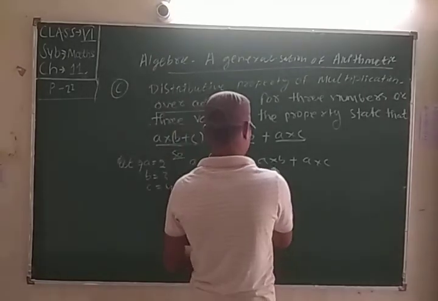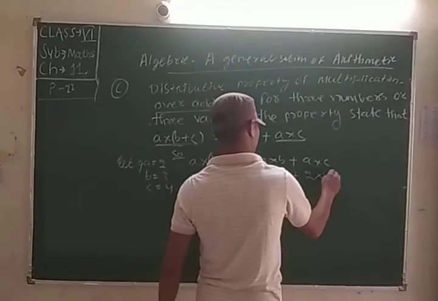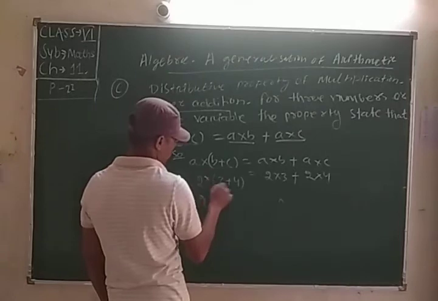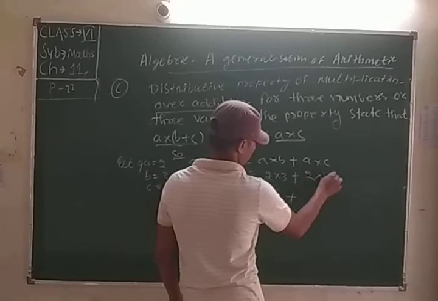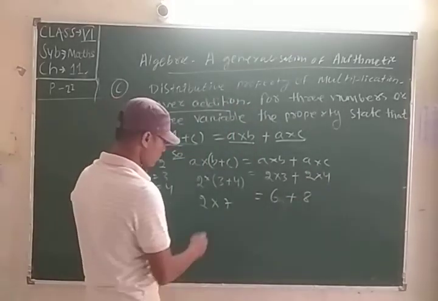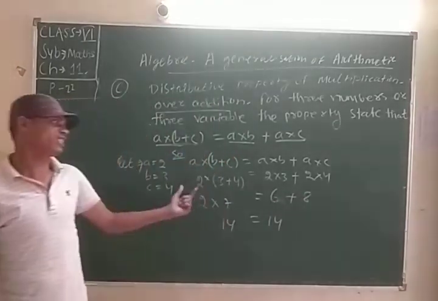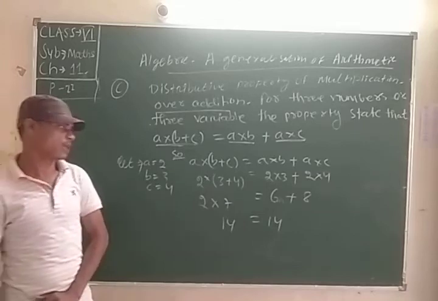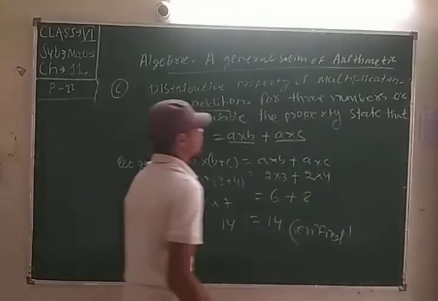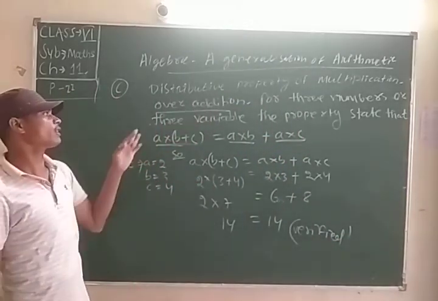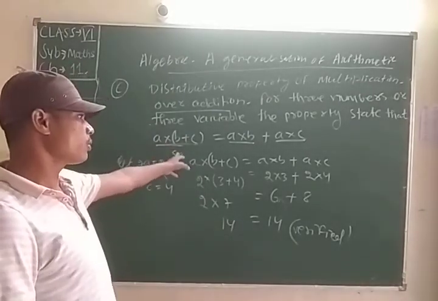Now 2 into 3 plus 2 into 4. Here 2 into 7 equals 6 plus 8. Now 2 sevens are 14, and 6 and 8 are 14. See, in the distributive property both sides are the same. Here also we can verify. Clear about this? What is the distributive property of multiplication over addition? You learn it. How can we use the distributive property, that means a into b plus c.